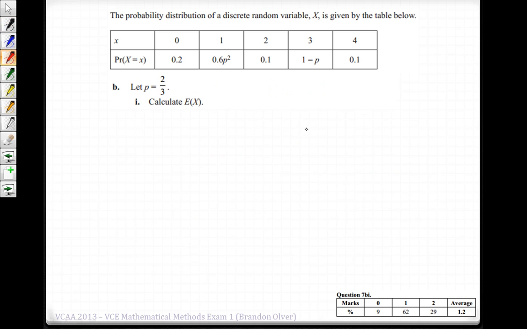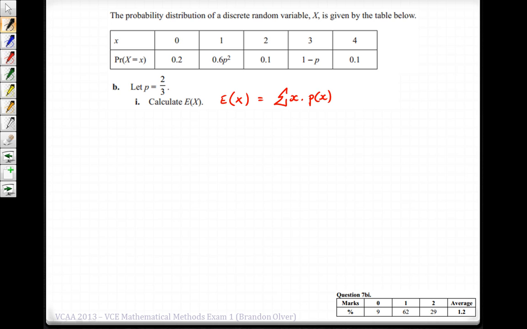So 7b wants us to let p equal 2/3 and then calculate E of x, the expected value of x for the discrete random variable. So we know that E of x equals the sum of x times the probability of x.